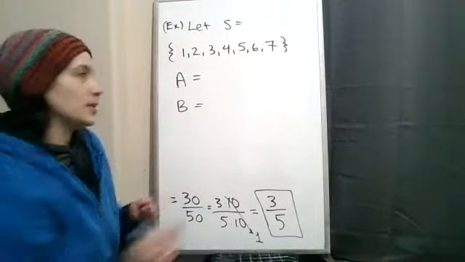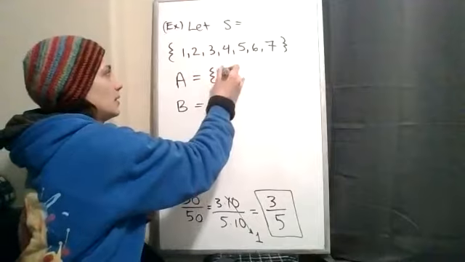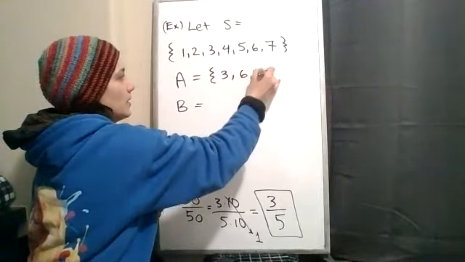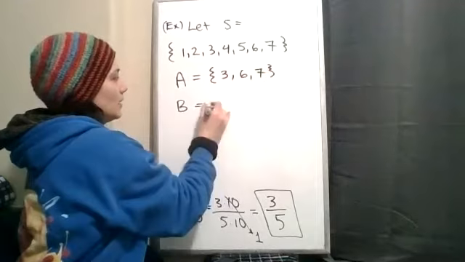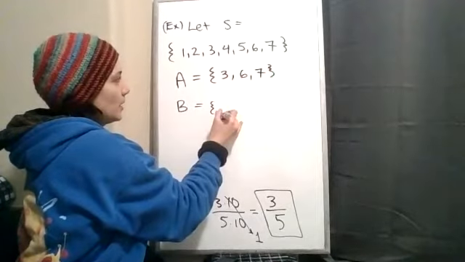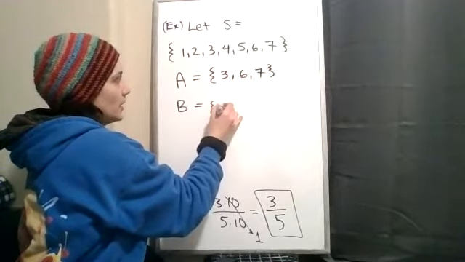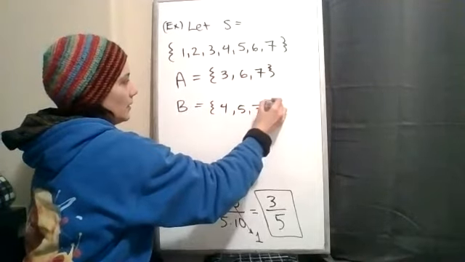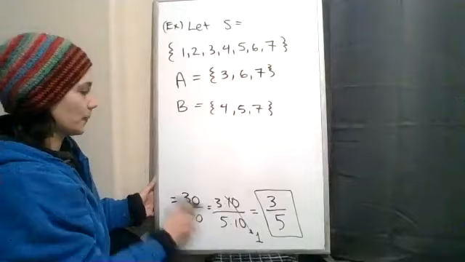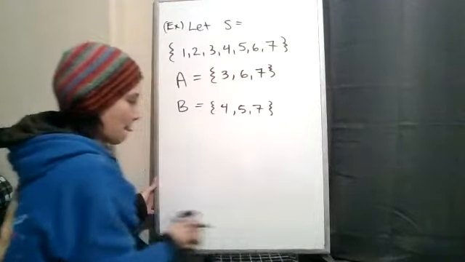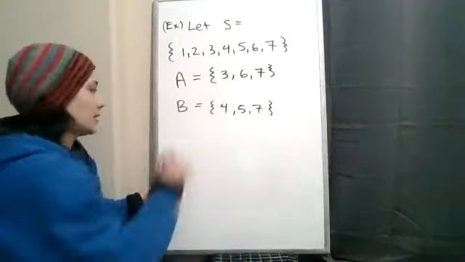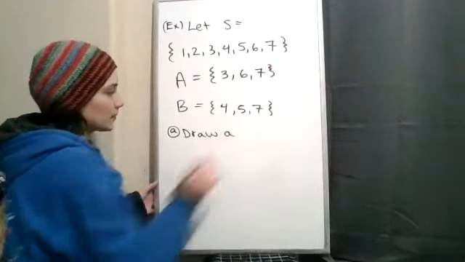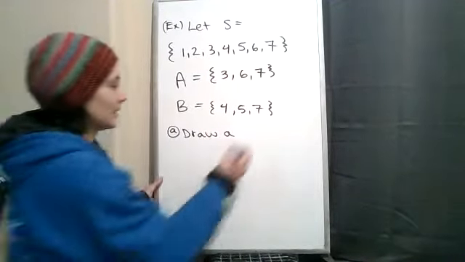Let's put A equal to the set that contains 3, 6, 7. B will contain 4, 5, 7. Let's do the Venn diagram.